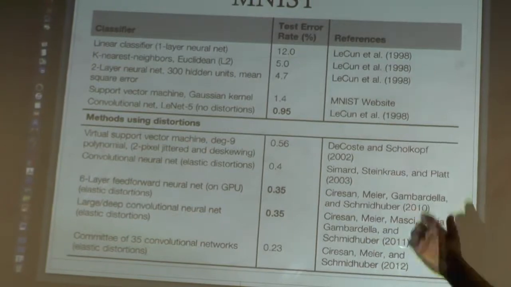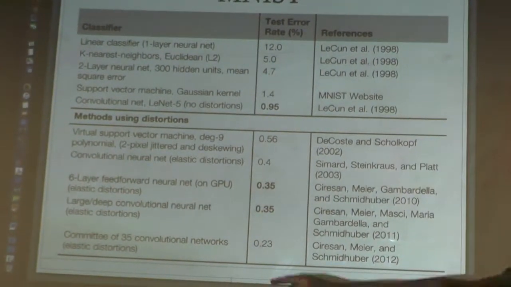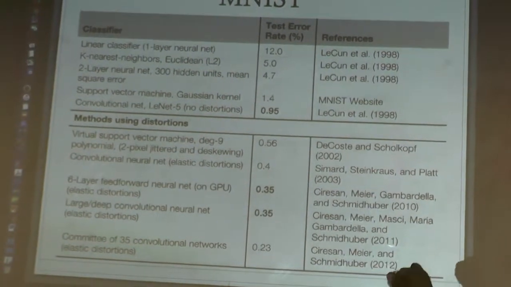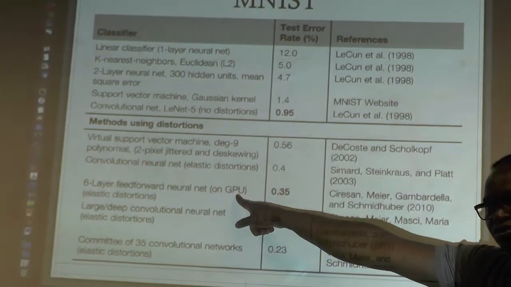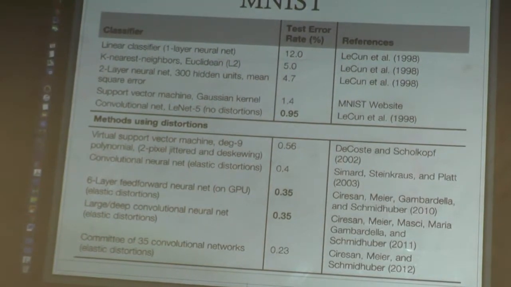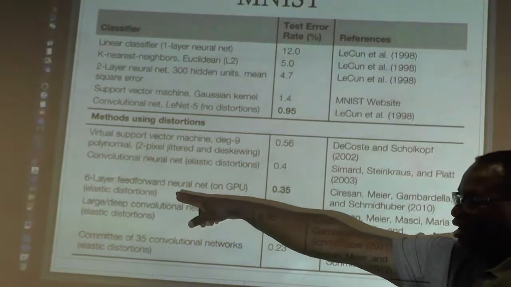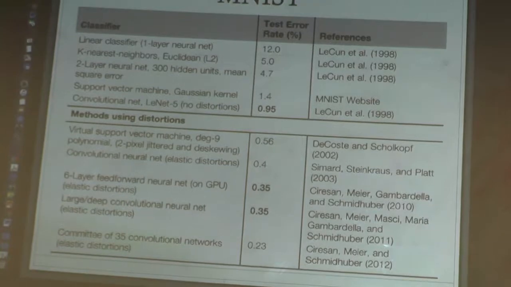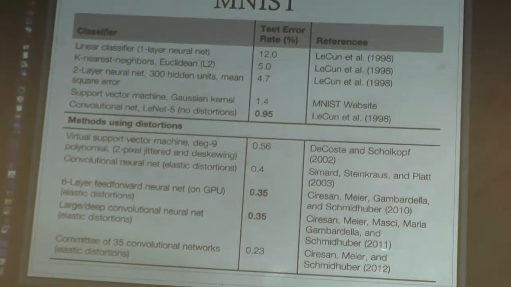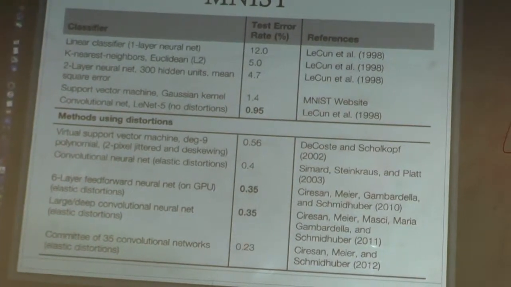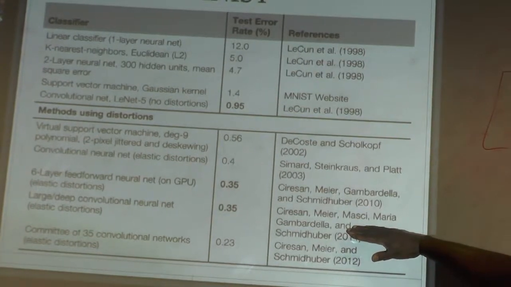And of course, that remained again for a long time until a 6-layer feed-forward neural net, now using GPU, not CPU. GPU was performed, and retaining elastic distortion, then they improved by 0.05. Okay? Then, from there, we now move to the advent of deep learning, which is 2012.